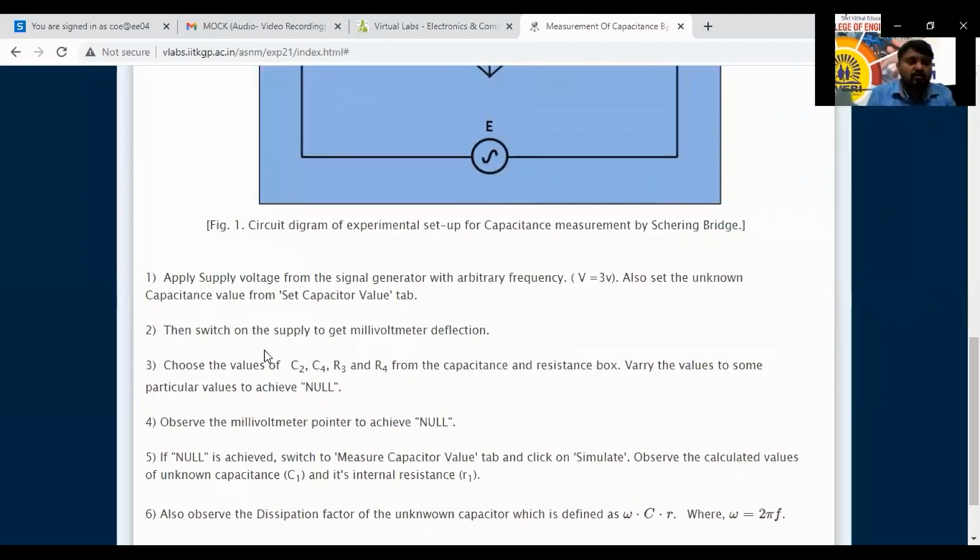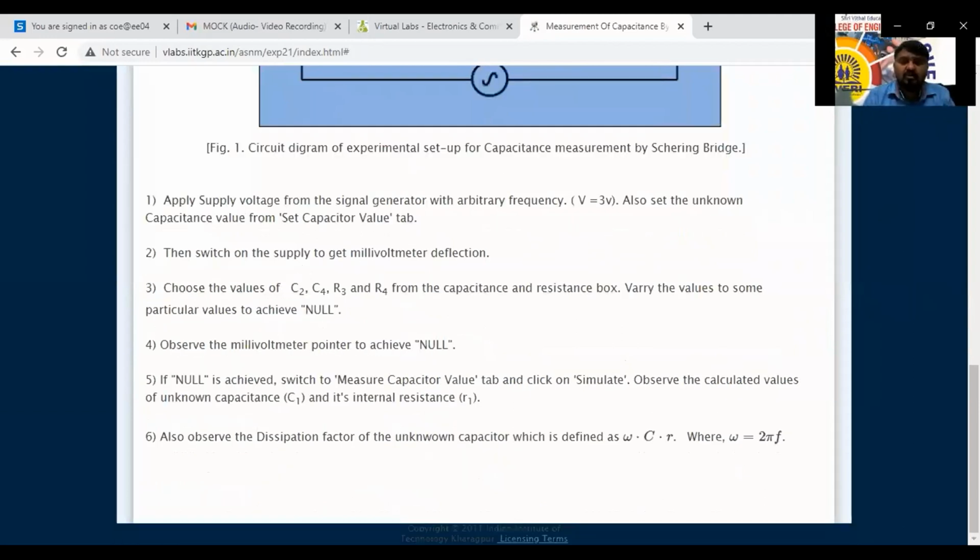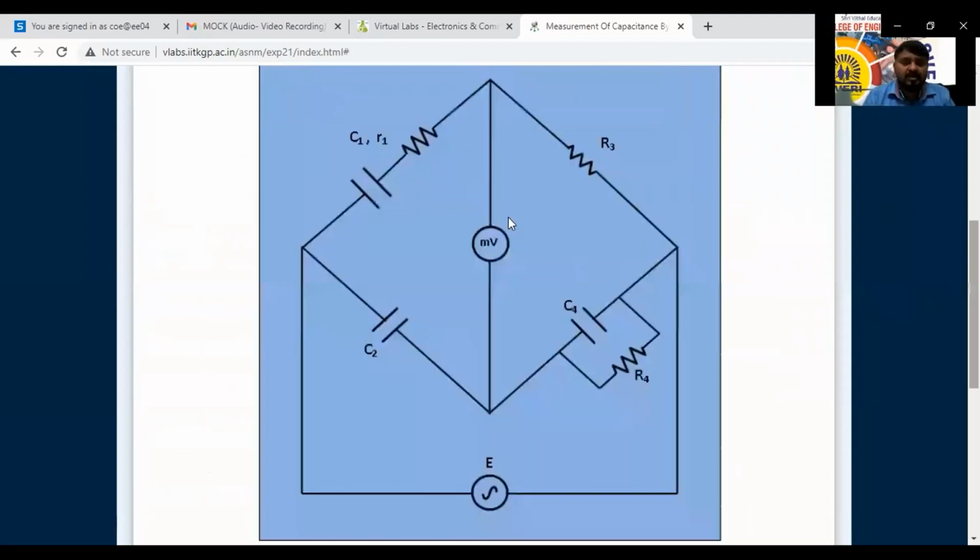Then we have to switch on the supply. So the unknown value of capacitance we have set, and we have switched on. Whatever the millivoltmeter is there, the detector is going to detect some voltage. By varying the others, here C1 is set.